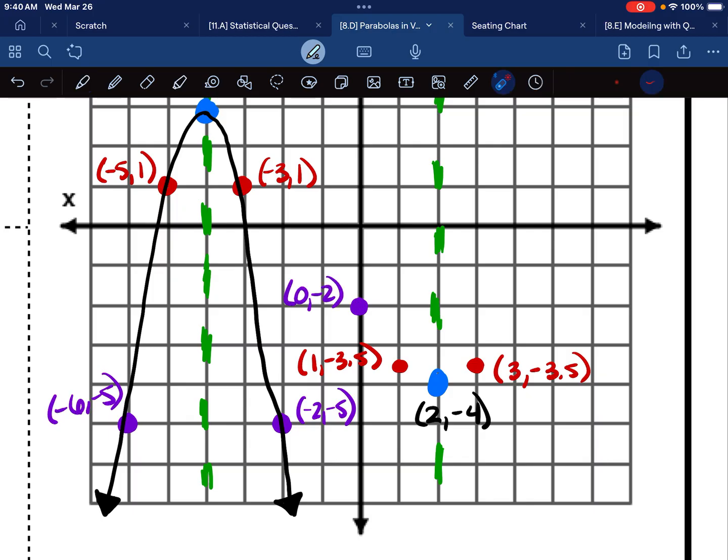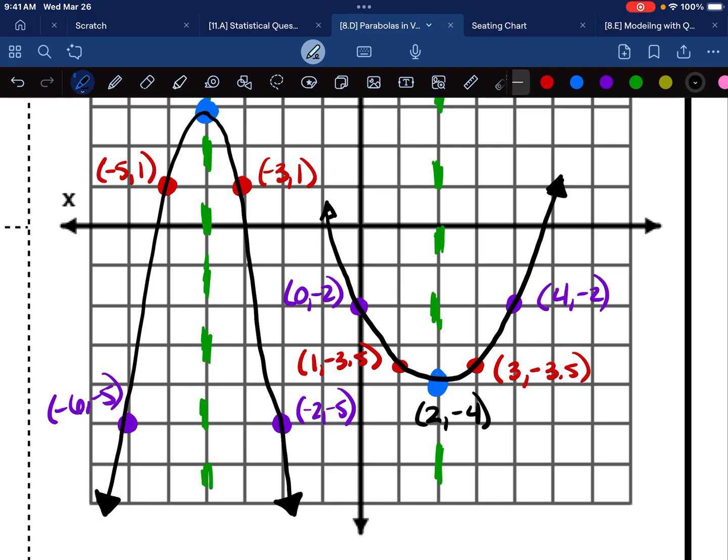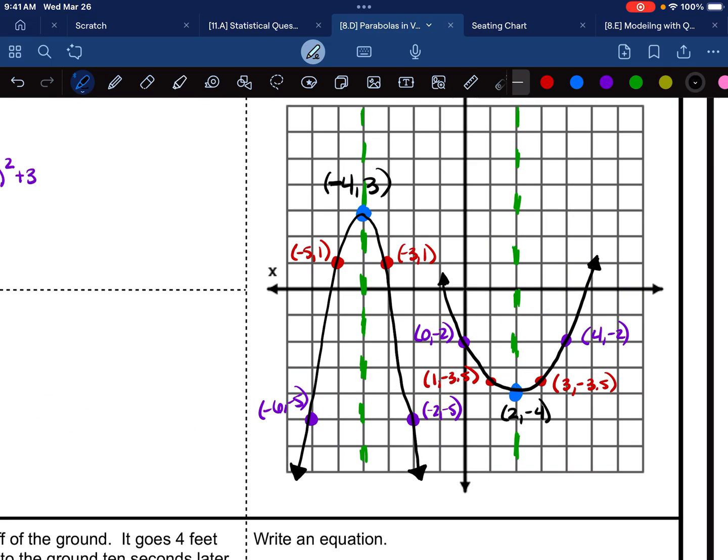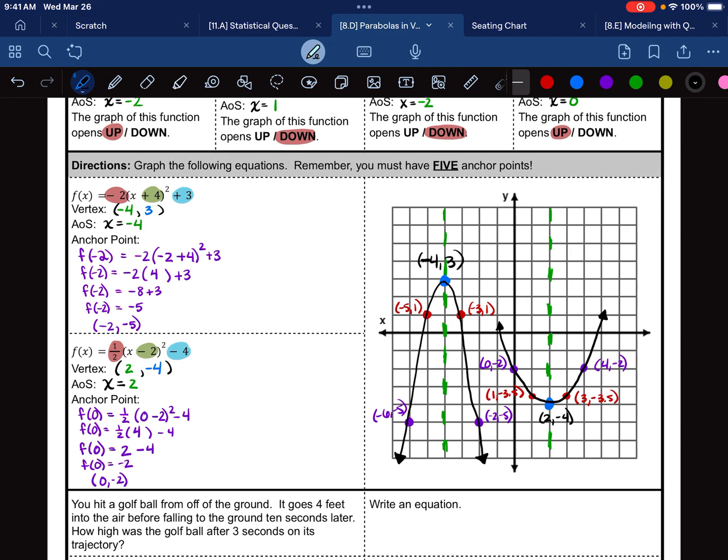So when I go to do my reflection, this is 2 boxes from the axis of symmetry. So I'm going to come 2 boxes to the right, which is right here at 4, -2. And then I'm going to go ahead and draw my parabola, try to make it nice and round, and I draw the arrows at the ends. So that's graphing.